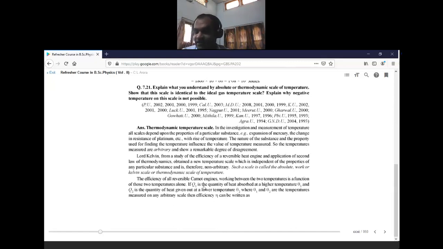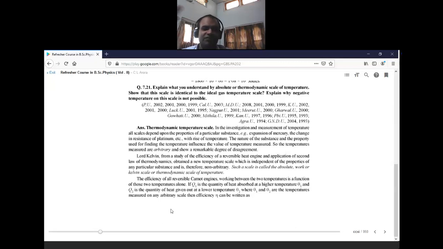the Carnot cycle. So what we learned in a Carnot cycle: Q1 is the quantity of heat taken from the source at a high temperature maintained at theta 1, and Q2 is the quantity of heat at a lower temperature theta 2, and theta 1 and theta 2 are temperatures measured on any arbitrary scale.